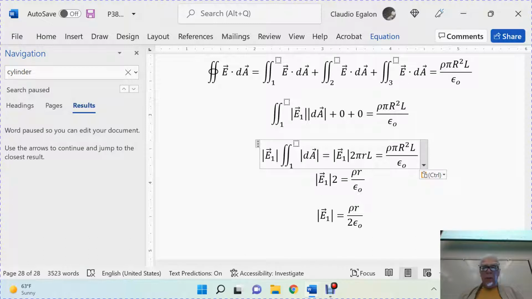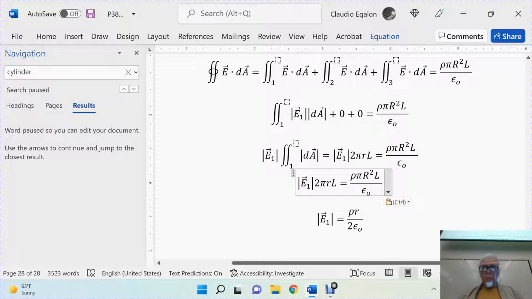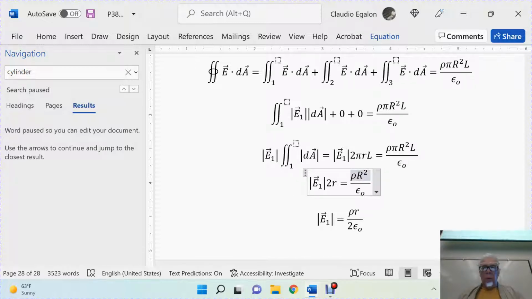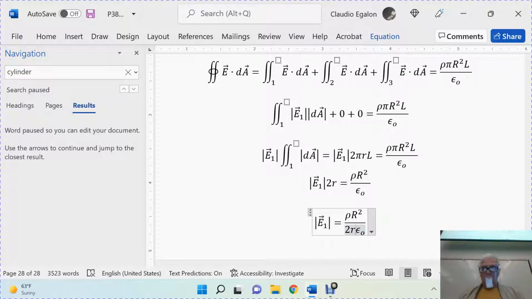I'm going to cancel out the pi and the L, and then we solve for E, and that's what we get: rho R squared over 2 epsilon naught r.